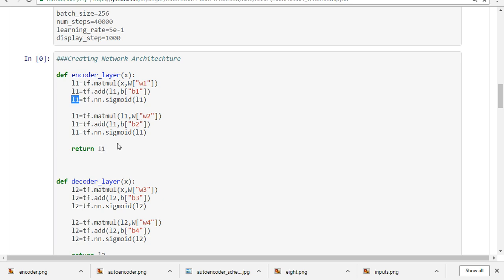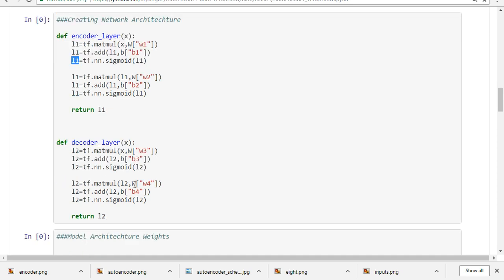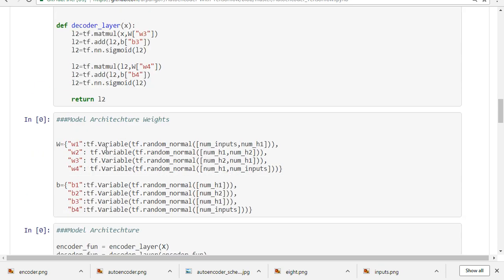The only thing you need to keep in mind is the weight matrix dimensionality, which I have already explained. So this will be the encoder layer, and this is again the decoder layer, where you use w3 and b3 and w4 and b4. Now the weights and biases are w1, w2, w3, w4, and b1, b2, b3, b4.